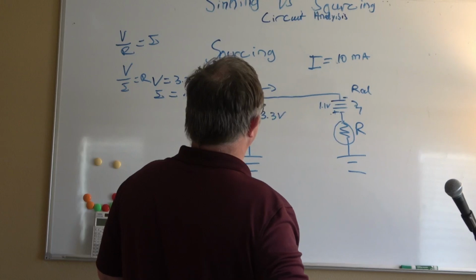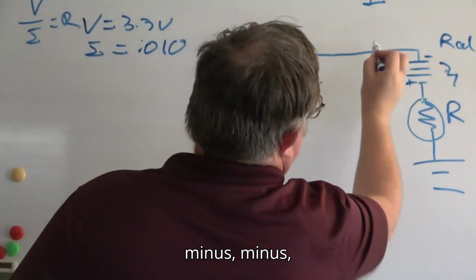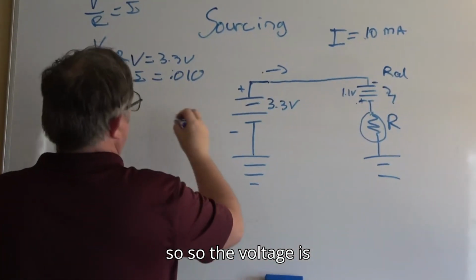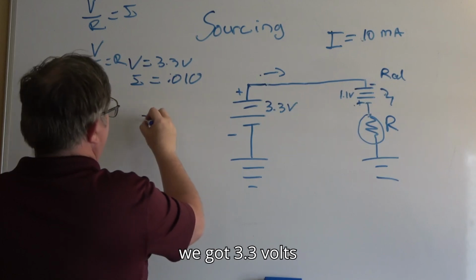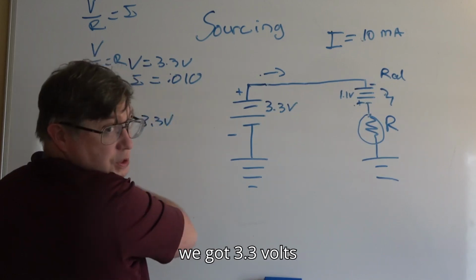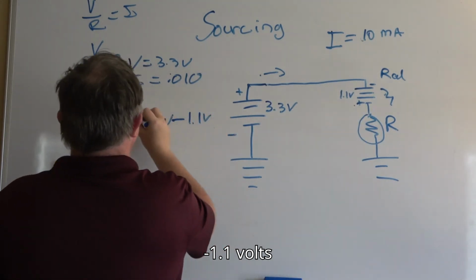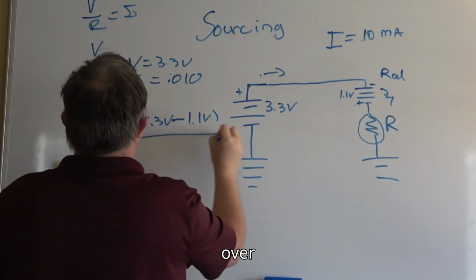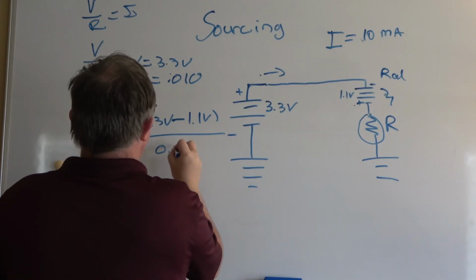It's going to go minus, plus, minus, minus. So the voltage is minuses, and we've got 3.3 volts minus 1.1 volts over 0.010.